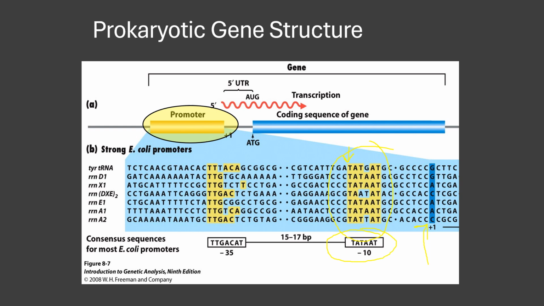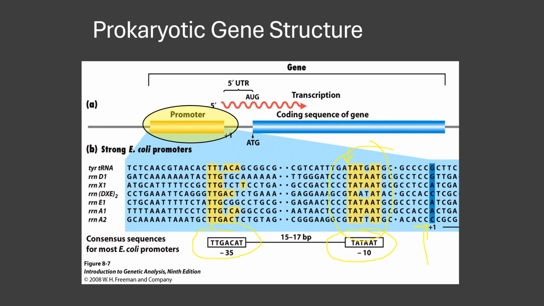And if you look even farther upstream, 35 base pairs upstream, in fact, of the transcriptional start site, you find this consensus sequence again. It's the consensus of many, many different genes, if you want to think about it that way. It's in agreement. You'd find that consensus sequence is TTGACAT.